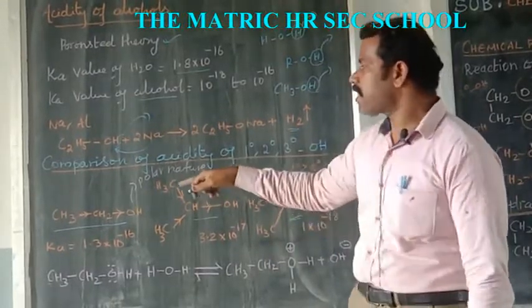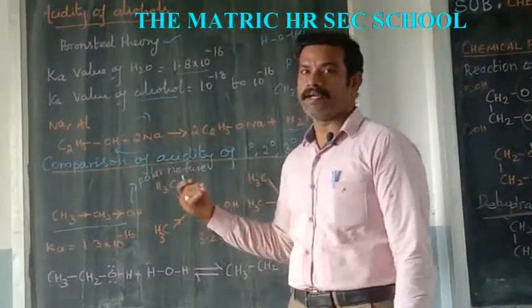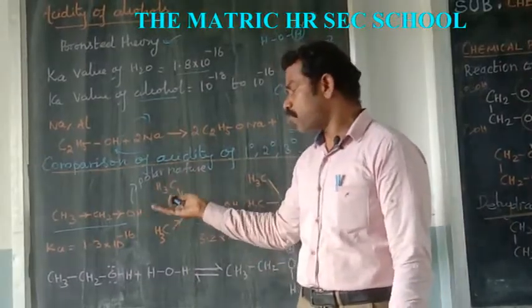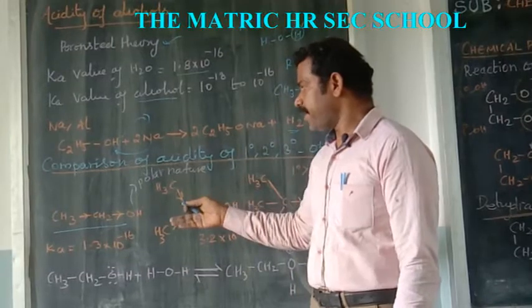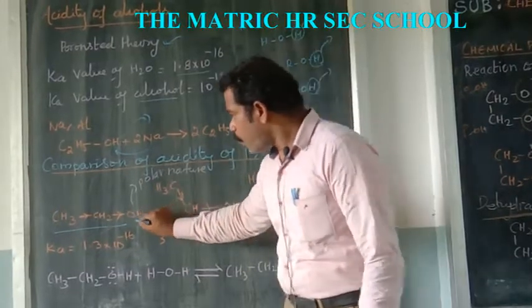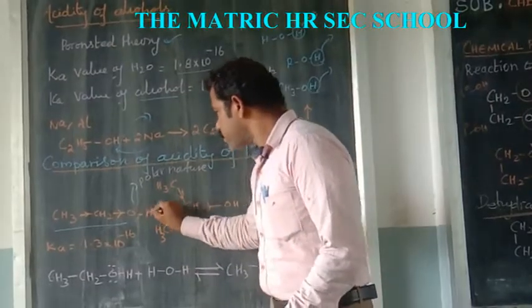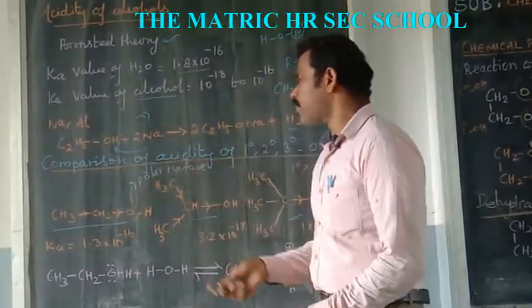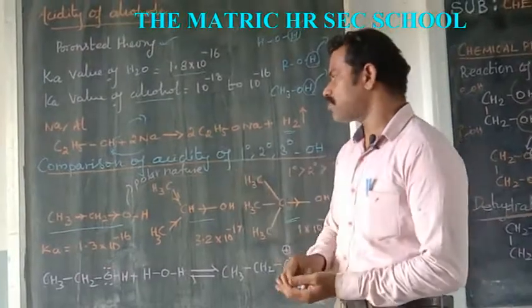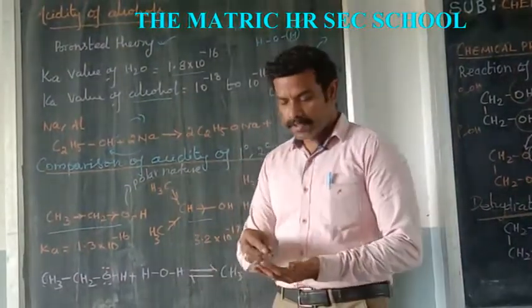Why is primary alcohol more acidic compared to the others? The OH bond is a polar bond, and it is mostly affected by the electrons.